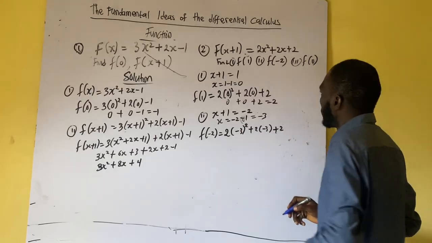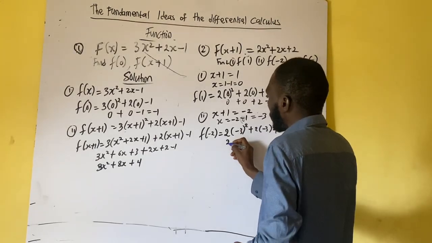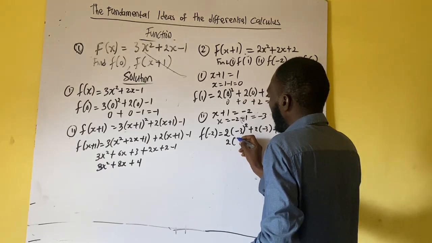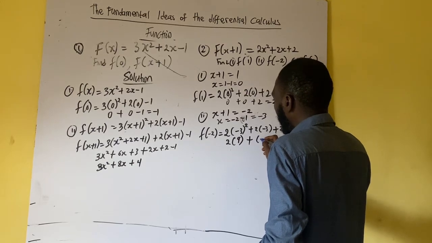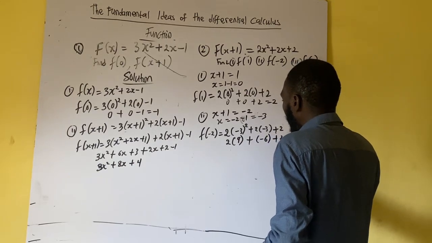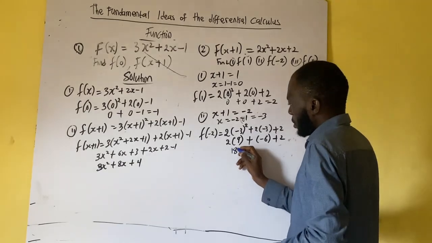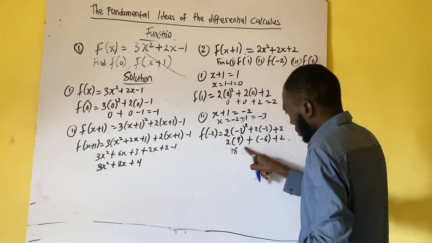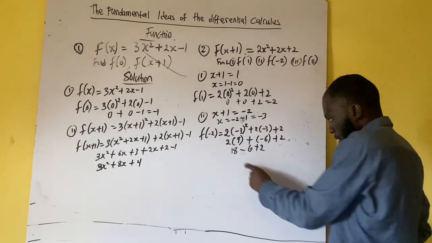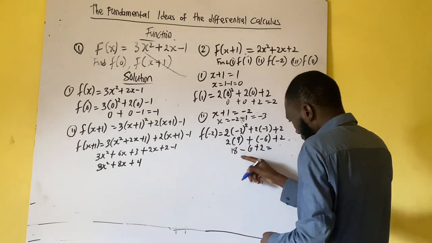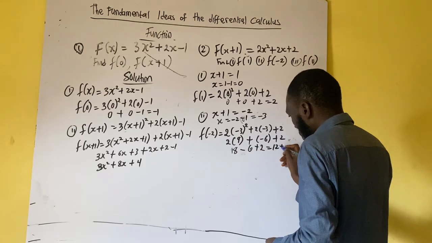Minus 3 squared gives me 9, so 2 times 9 is 18, then minus 6, plus 2.